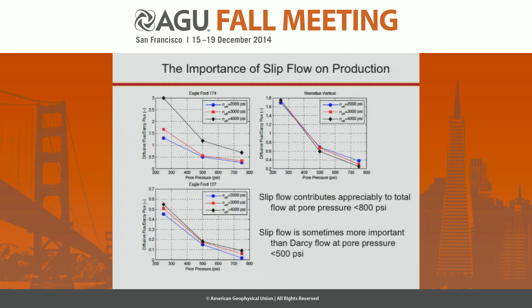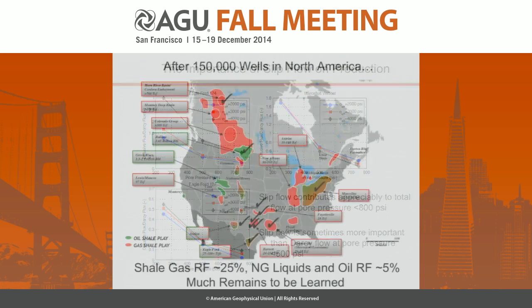And in fact, when we back calculate these measurements after making measurements of permeability at very low pore pressures, we can actually cause this Knudsen diffusion to occur. In the literature, it's sometimes called the Klinkenberg effect. We can cause it to occur. And what we see is that in some of these samples, as the pressure goes down, the permeability is not really changing, but the apparent permeability increases markedly.